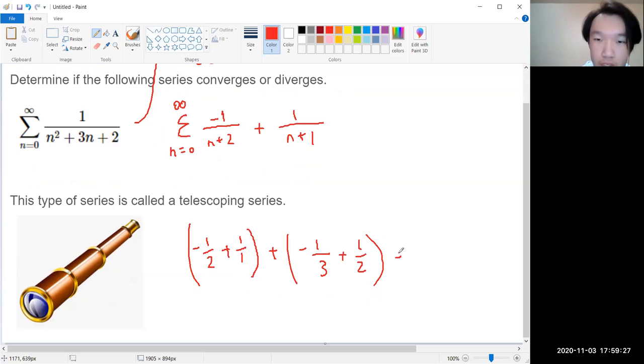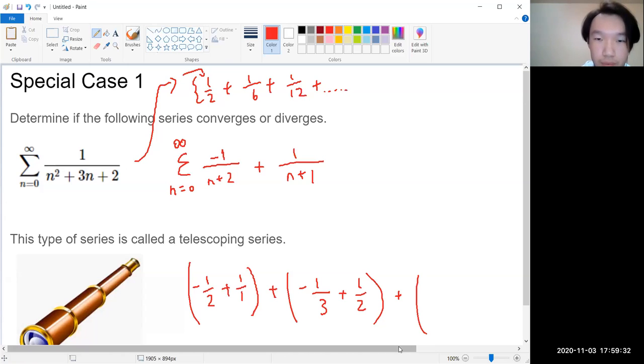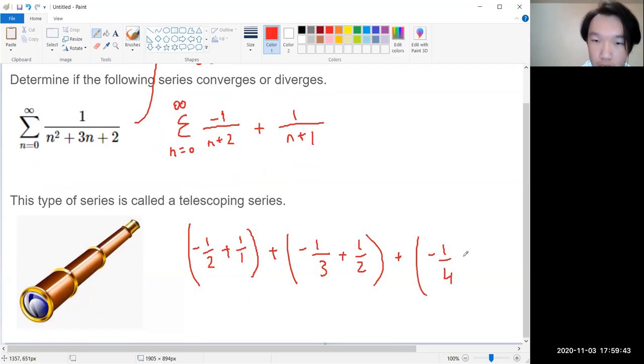Okay, let's write down the next term in our series. That would be when n is 2. So that's negative 1 over 4 plus 1/3.